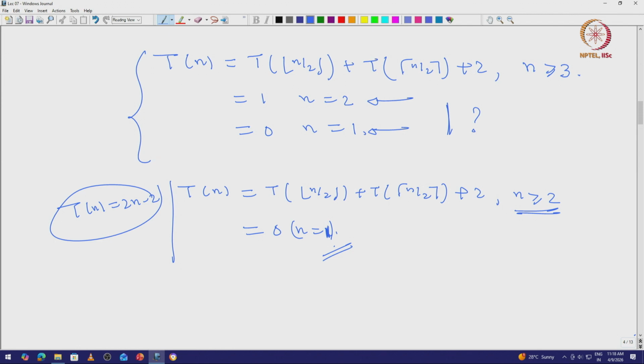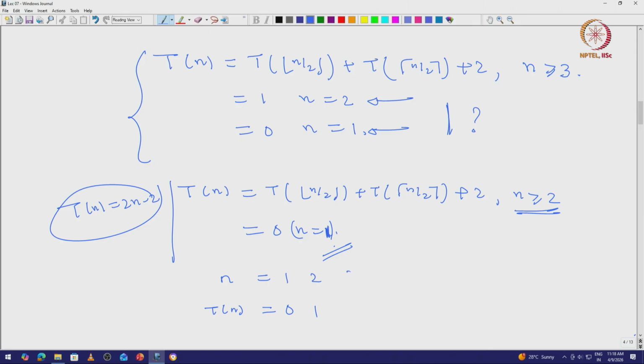So, let us take a few values and see what is happening, and whether we are able to see a pattern to guide our analysis. So, T of n: if n equals 1, T of n is 0. If n equals 2, T of n is 1, because there are two base cases.